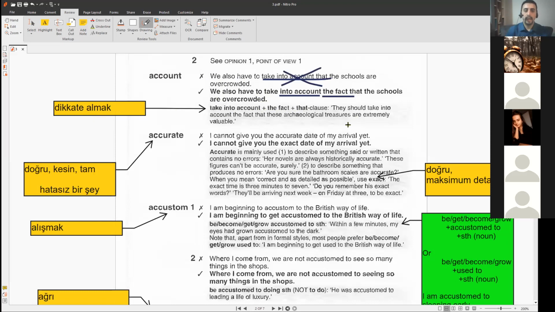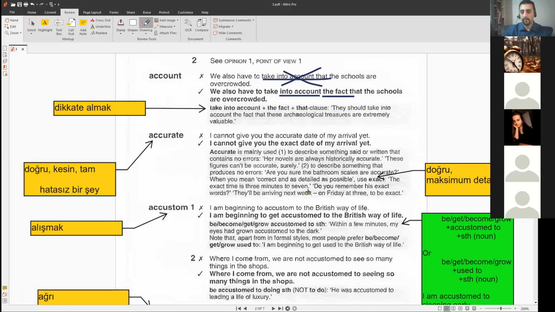So take into account plus the fact that. For example, I have to take into account the fact that the dollar rate is increasing these days. The fact is very important because we are talking about the facts, real things.